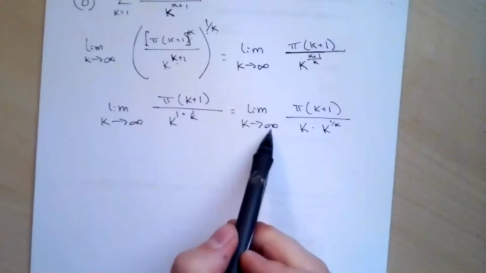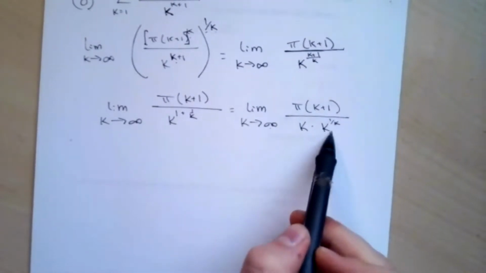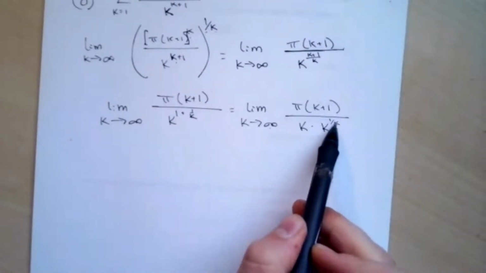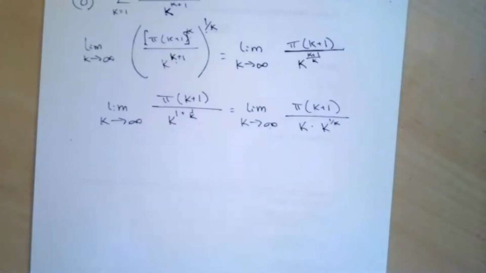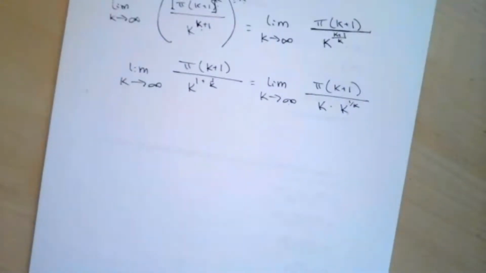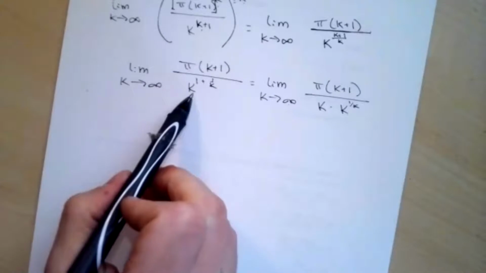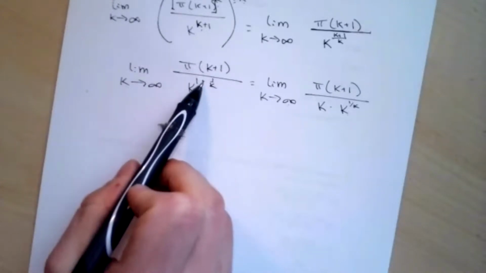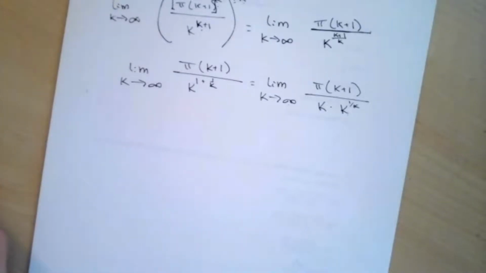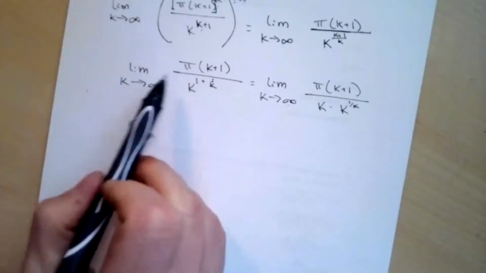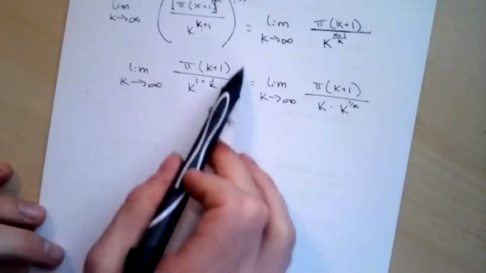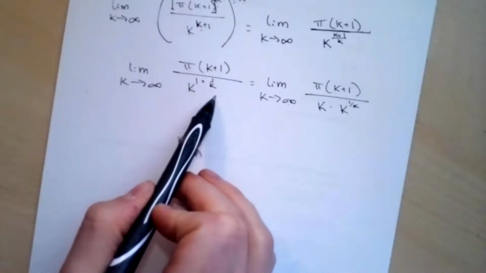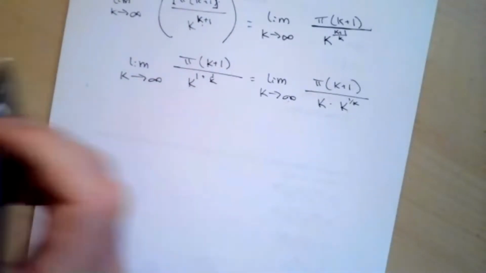Problem is if we check infinity for k to the 1 over k, it gives you infinity to the 0, which is an indeterminate form. Here it's a little nicer because here it's infinity to the 1 plus 0. So infinity to the 1, still infinity. Right, so if I plug in the limit, we get infinity over infinity. Then you can do a L'Hopital's rule.